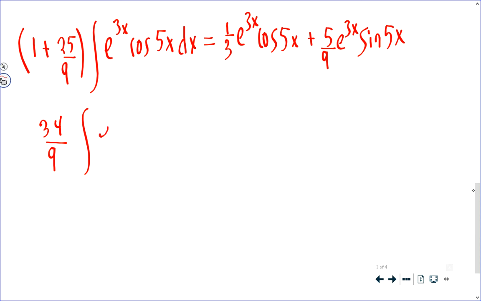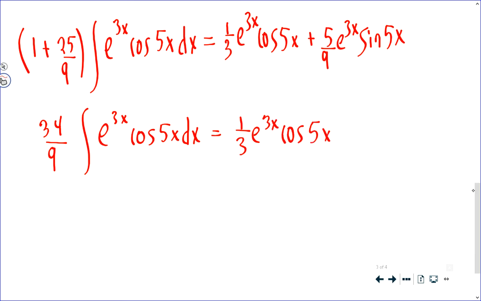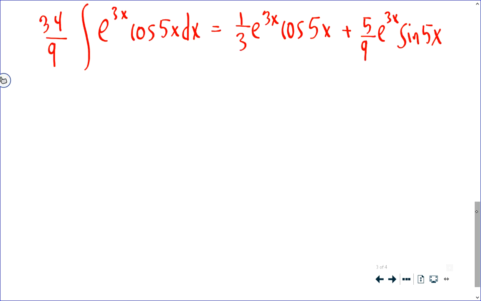So this is the integral of e to the 3x cosine of 5x dx. And it's equal to 34/9 of that integral is equal to 1/3 e to the 3x cosine 5x plus 5/9 e to the 3x sine 5x. So now what I can do is worry about getting rid of that 34/9.